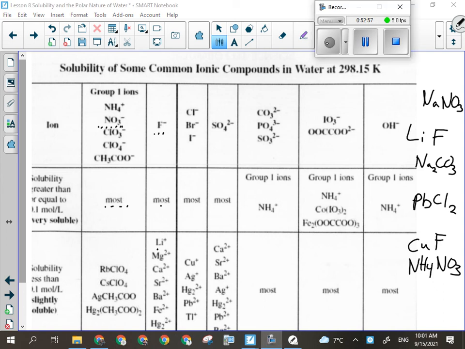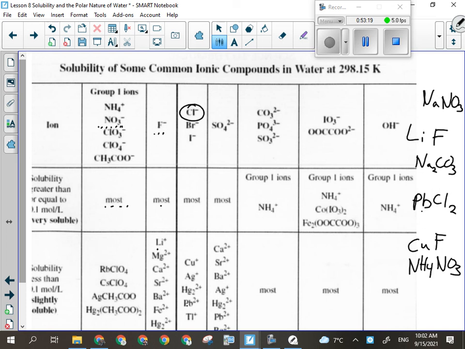Okay, let's quickly look at the last ones here. I got lead 2 chloride here. I've got to look for my non-metal. Chlorine is right here. Says it's soluble with most things, but lead with the 2+ charge is listed there as something it is not soluble with. What if it was lead 4 chloride? Then it would work.